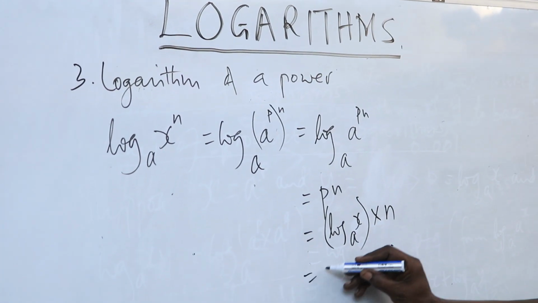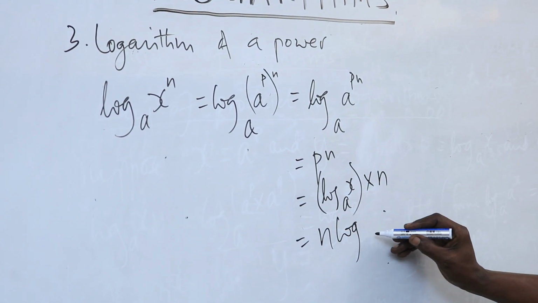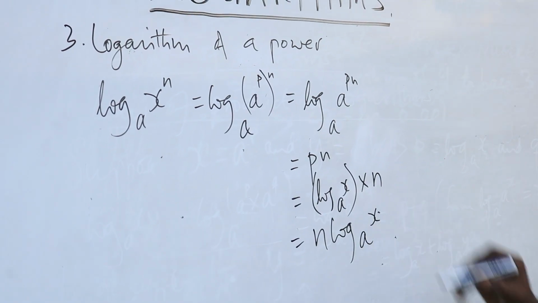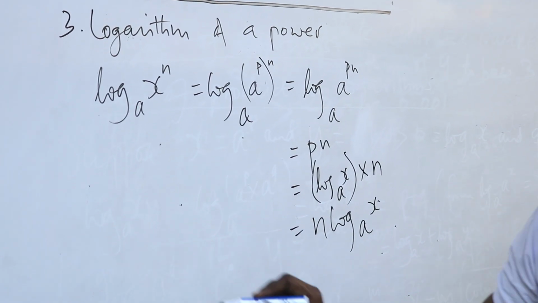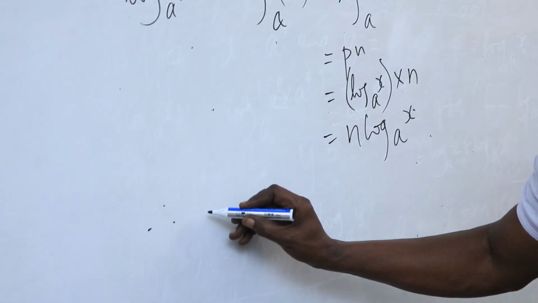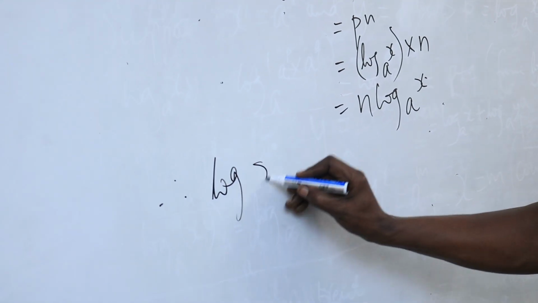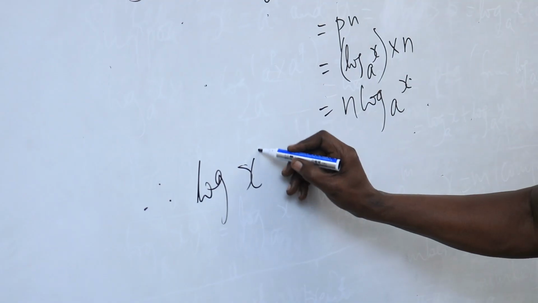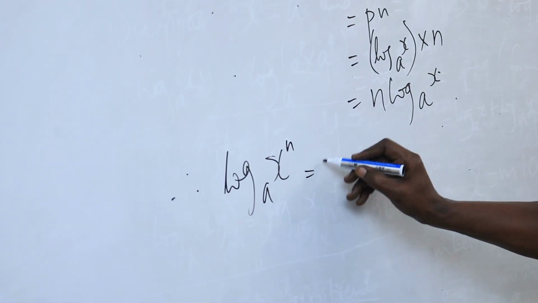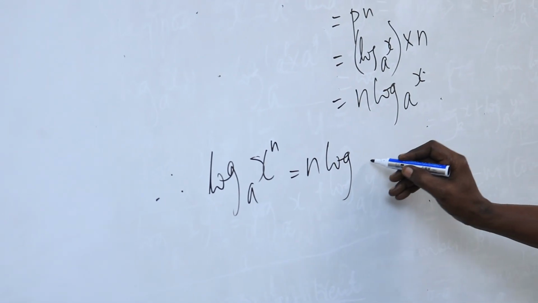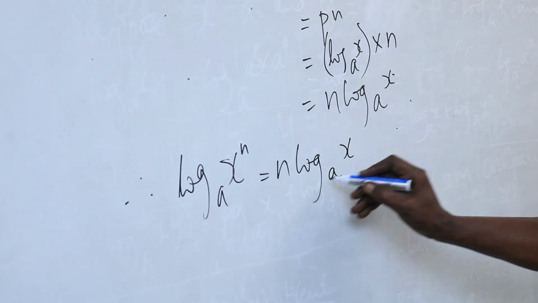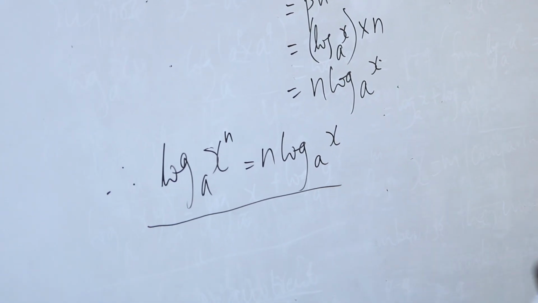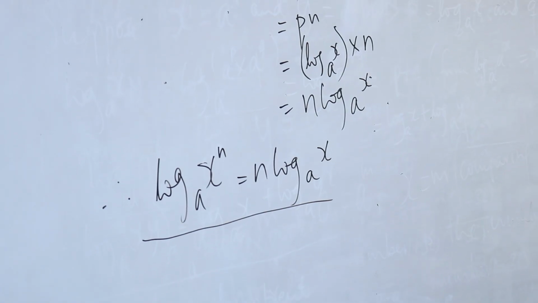And this can be written as n log x base a. Therefore, log of x exponent n base a is simply equal to n log x base a. This is our logarithm of a power.